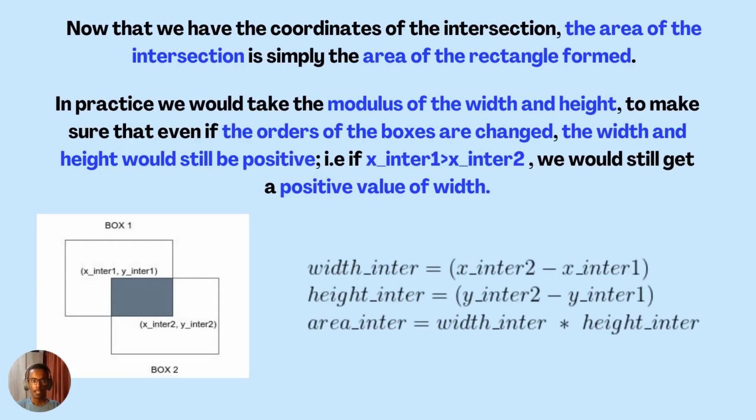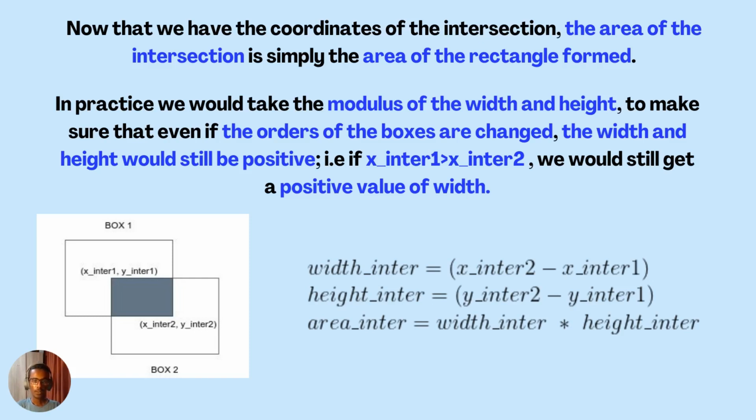Now that we have the coordinates of the intersection, we can figure out the area of the intersection, the rectangle formed between box 1 and box 2. In practice, we would take the modulus of the width and height so that we don't get a negative width and negative height. Even if the order of the boxes is changed, the width and height would still be positive.